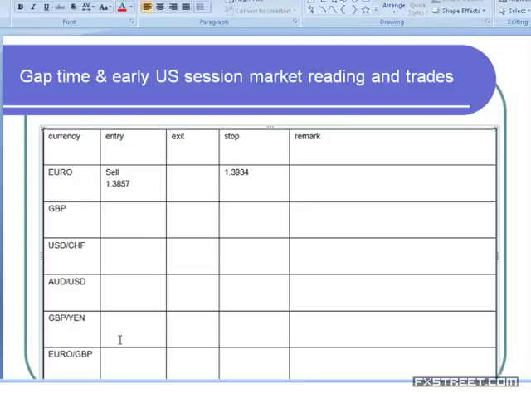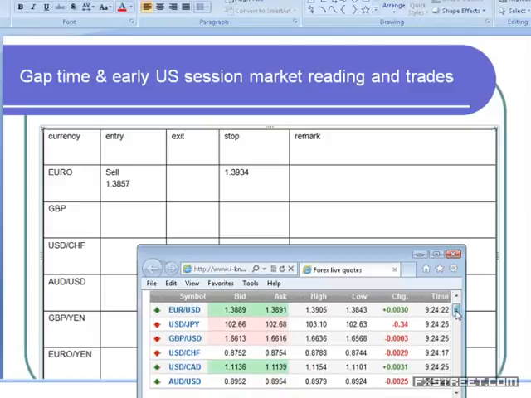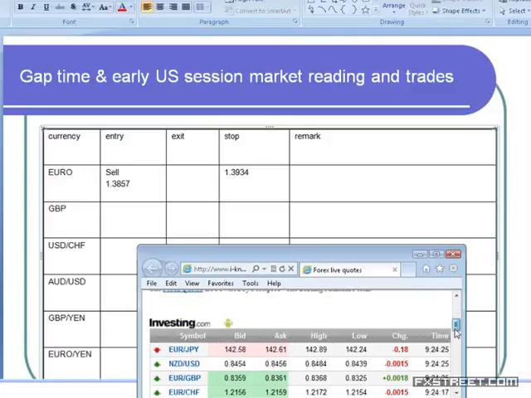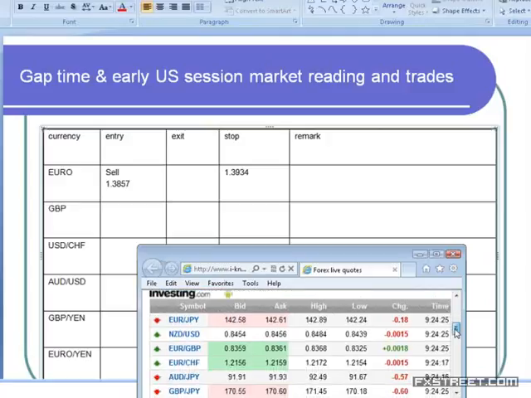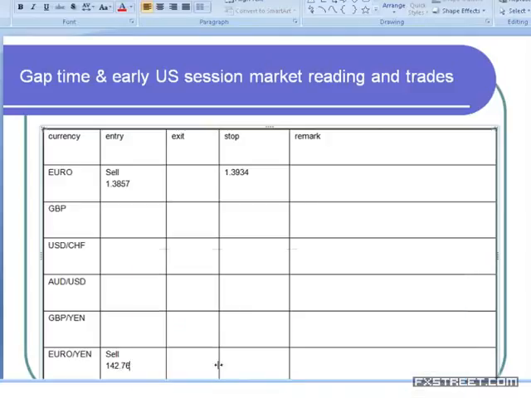Then I have one position in N. $142.76 with 50 pips hedging.